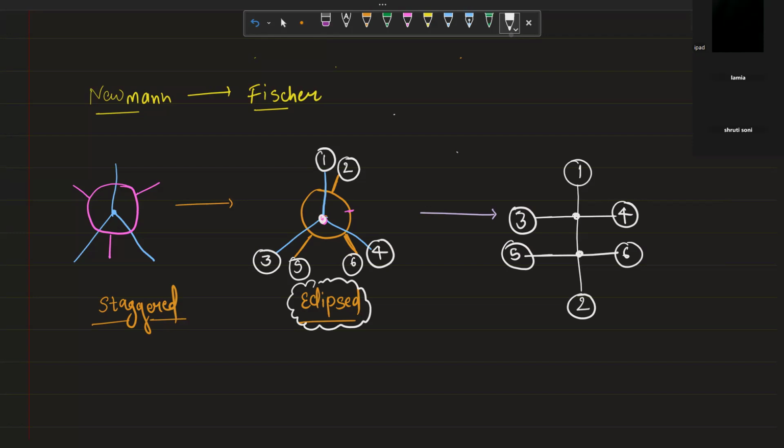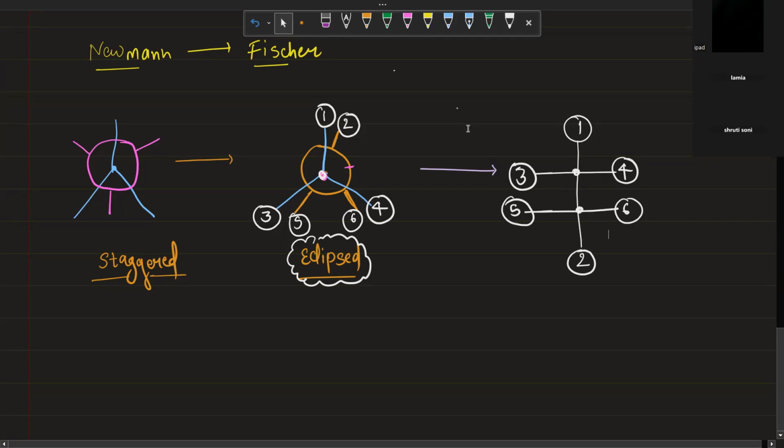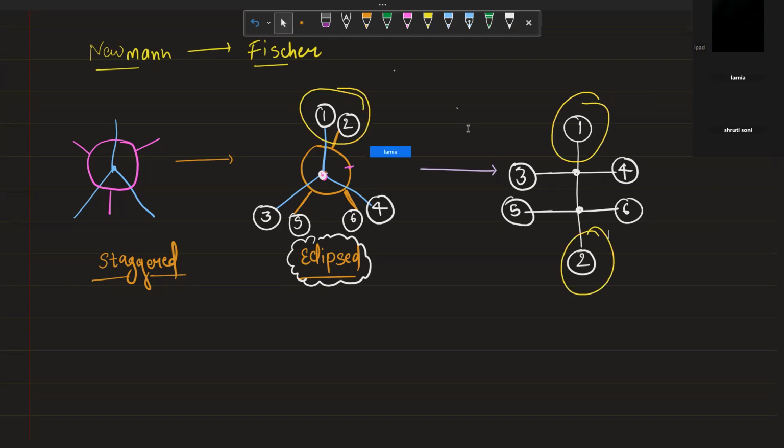Now I'm giving you a question. Sorry, I have a question. Why is one here and two here when they're both here together? Yes, but see, they both are attached to different carbons.